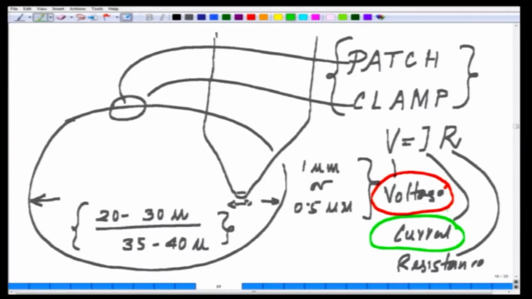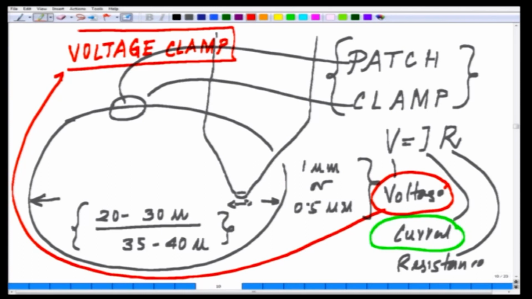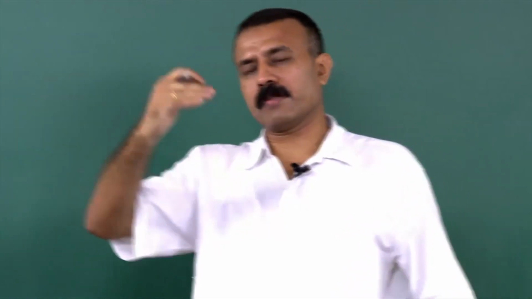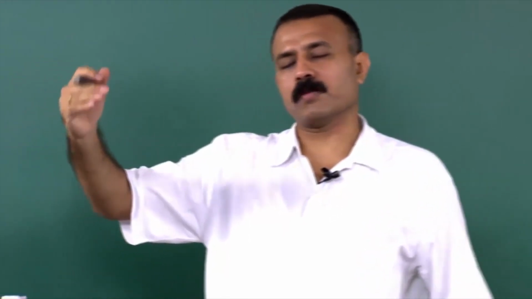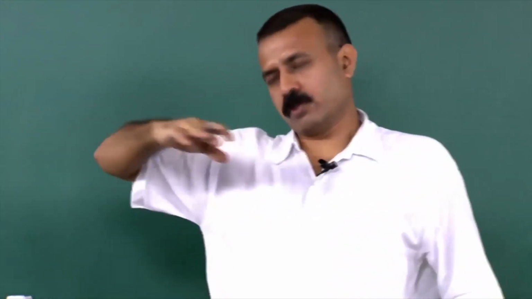When you clamp in that zone, you can hold the voltage. This is called voltage clamp, because you are holding the voltage, or the voltage is in your control. You can change the voltage, you can clamp it at different levels, so minus 80, minus 70, minus 60, minus 50, minus 40, minus 30, minus 20, minus 10, 0.